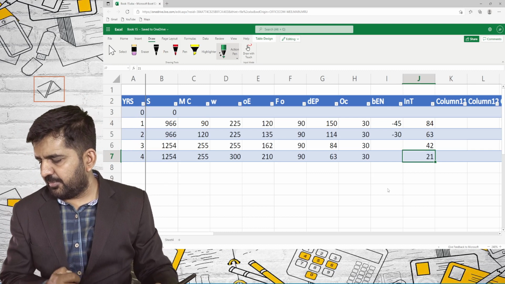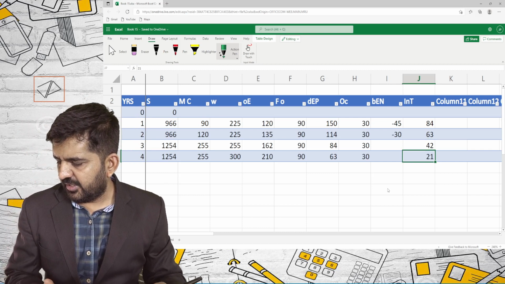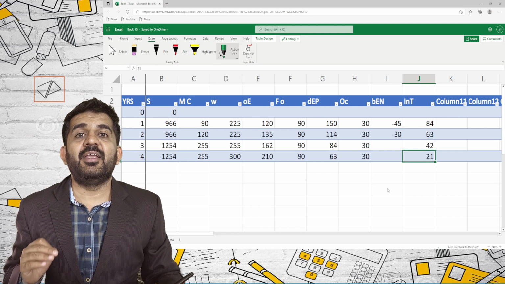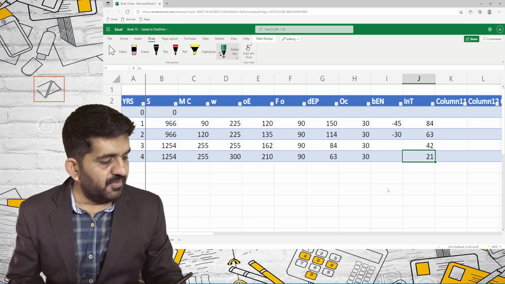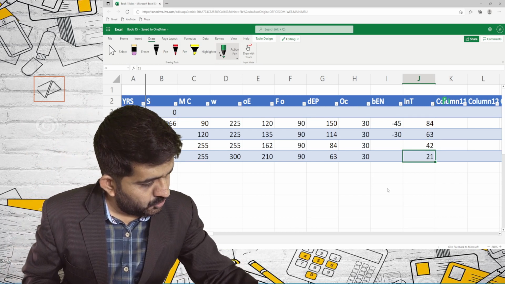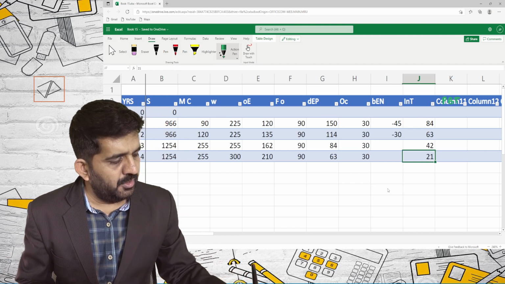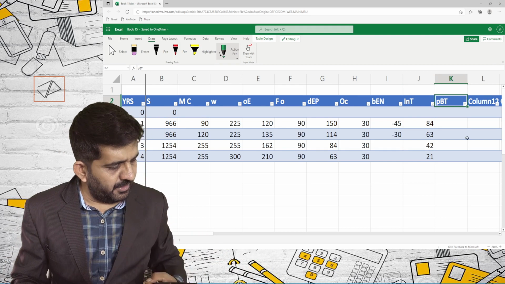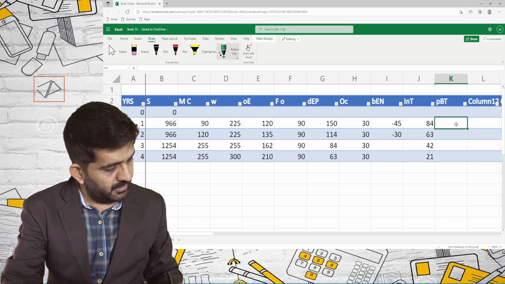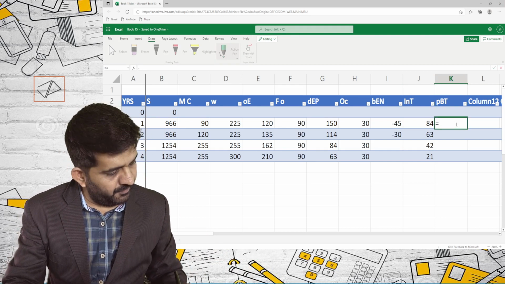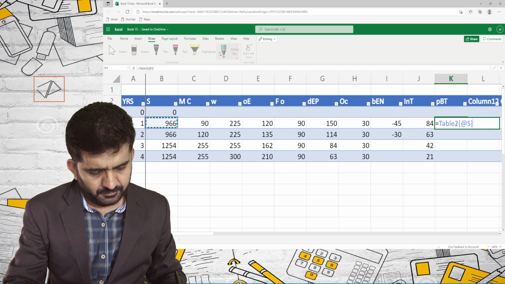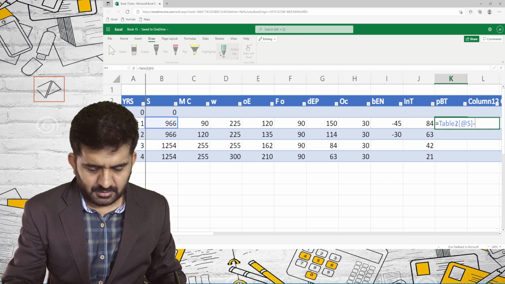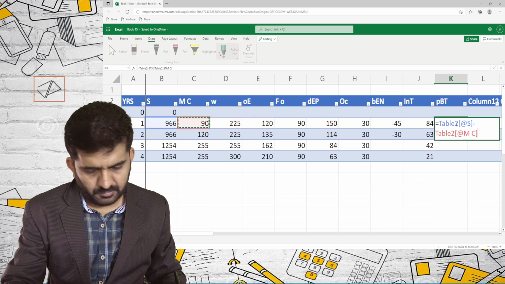So we have considered depreciation, interest, and every other cost. Now I can find out profit before tax. The formula for profit before tax is sales figure minus all cost.